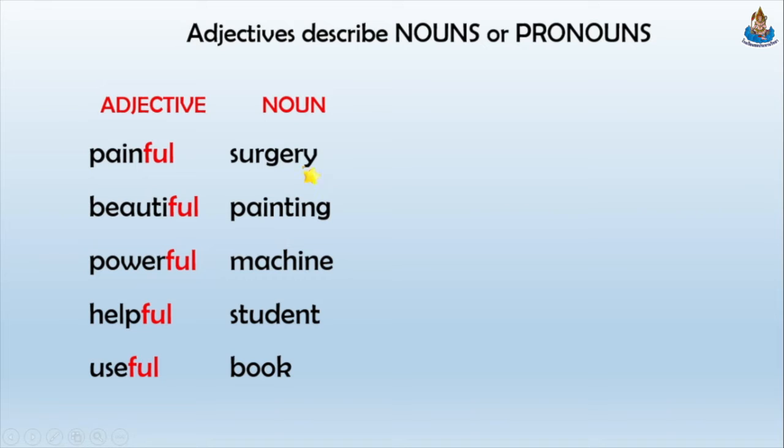Painting is a noun, and to describe the painting, we can say that it's beautiful. So we can either say the painting is beautiful, or we can say a beautiful painting. Adjectives can be put before the noun, or adjectives can be found after in a sentence. Next one, powerful machine, helpful student, a useful book.